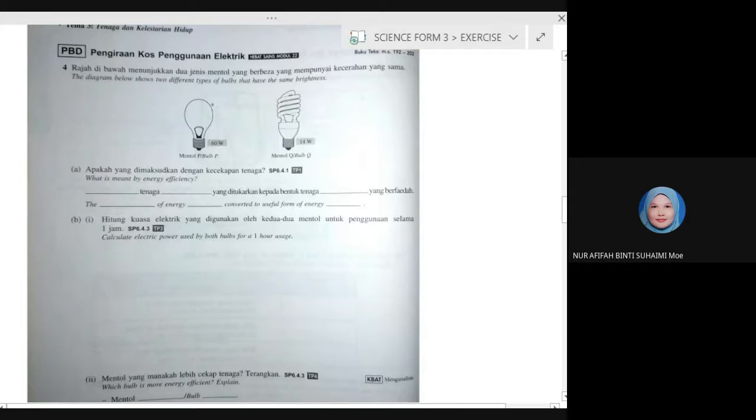This is the ordinary bulb, which contains a filament inside it, and this one is CFL. Bulb Q is made from CFL, compact fluorescent lamp. And we have one more, which is LED, the newest one, the most efficient. So here we have a normal bulb and a compact fluorescent lamp.